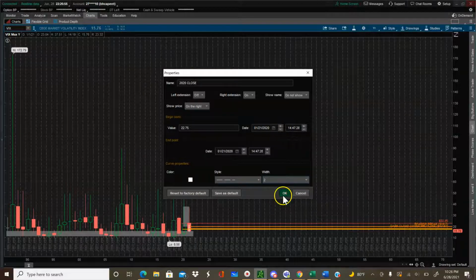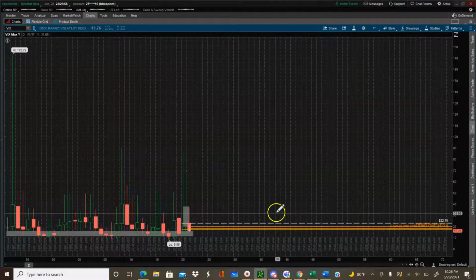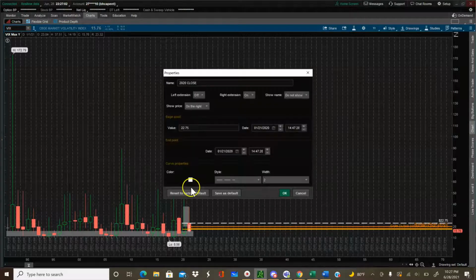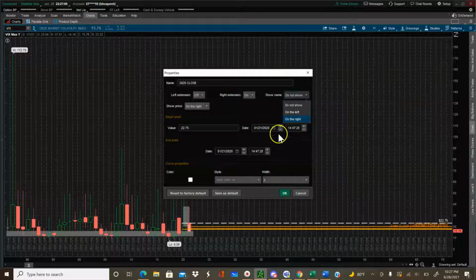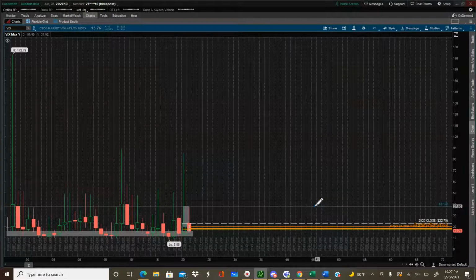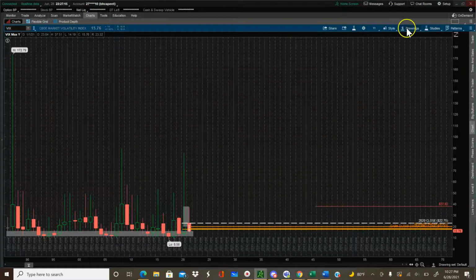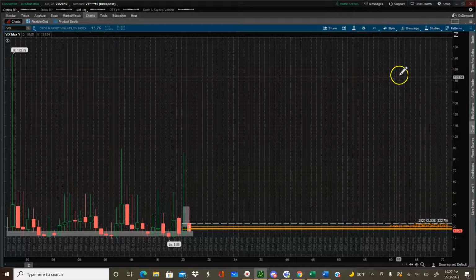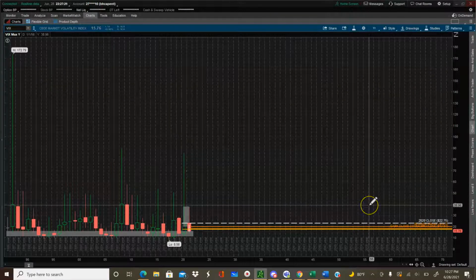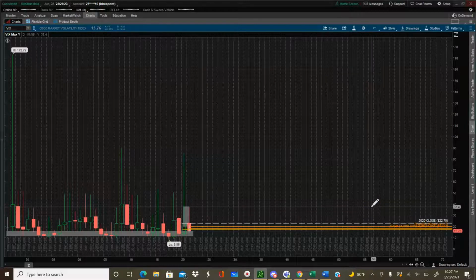Make it a little thicker. Hit OK. Alright, so clear. Oh, I forgot to show it on the right. Okay. Alright, so that's pretty much all I want to say about VIX's yearly chart.